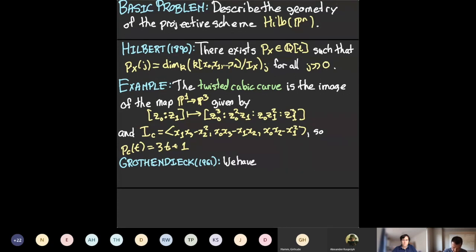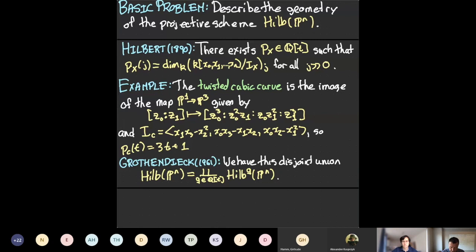We have the disjoint union: this larger parameter space that classifies all subschemes breaks up as a disjoint union, and the pieces are indexed by Hilbert polynomials. The disjoint pieces classify subschemes of our projective space, except they're all the ones that have a given, fixed Hilbert polynomial.